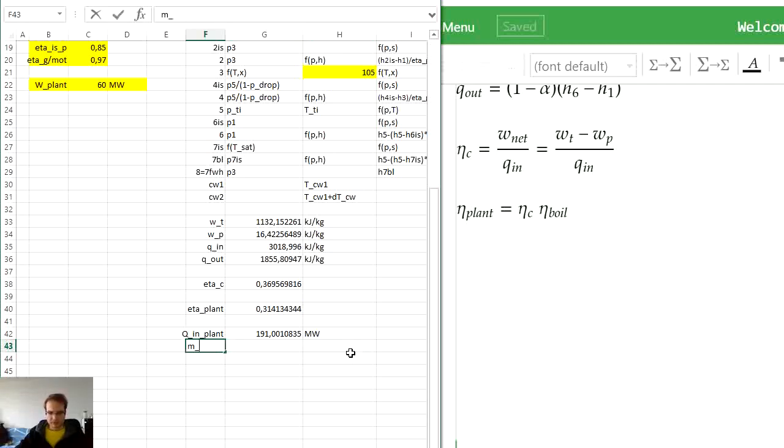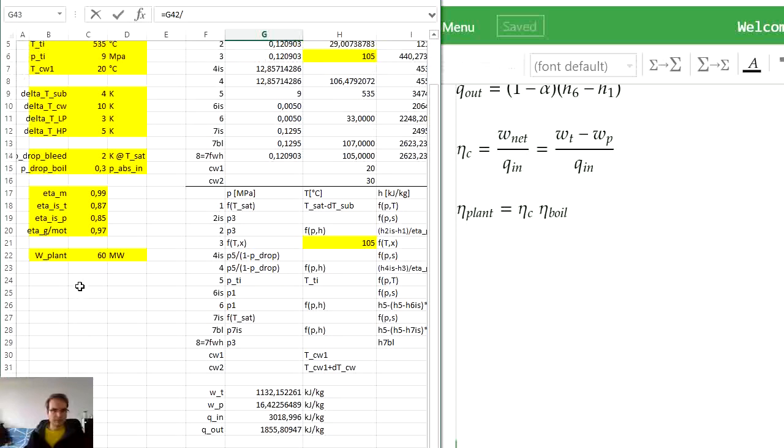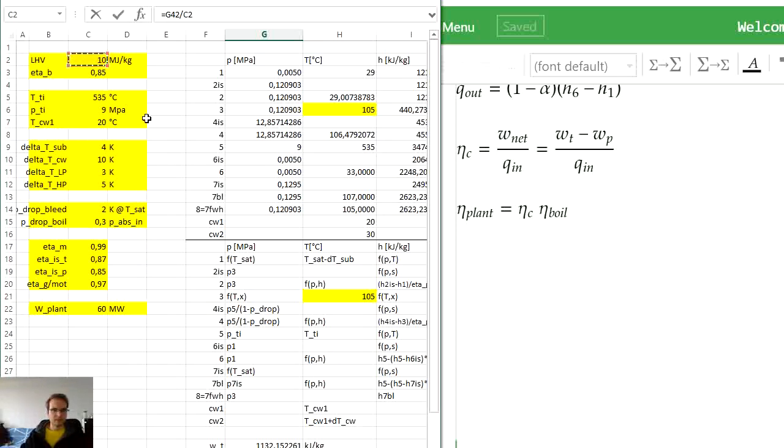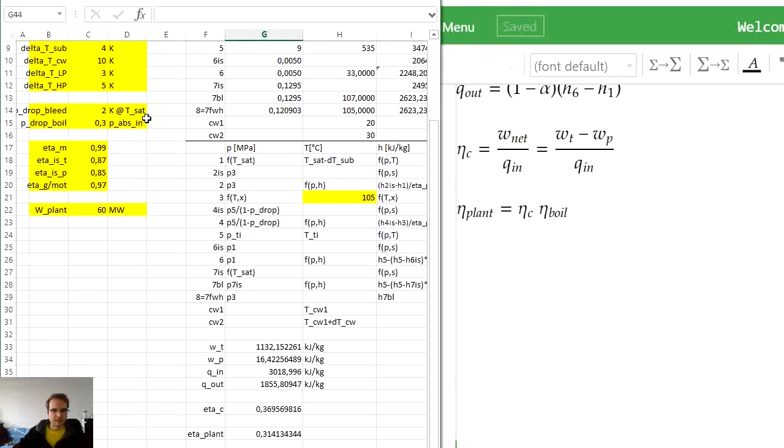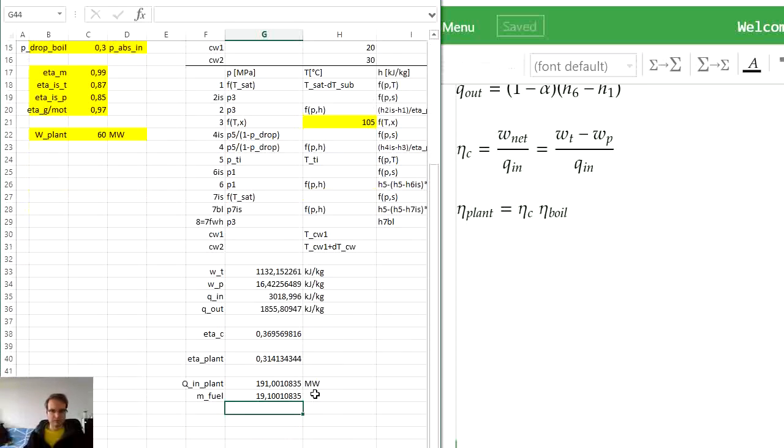Now mass flow rate of the fuel. We have 191 megawatts of heat rate, and we know the lower heating value of the fuel. So we basically just divide these two with correct units. We have both in megawatts.